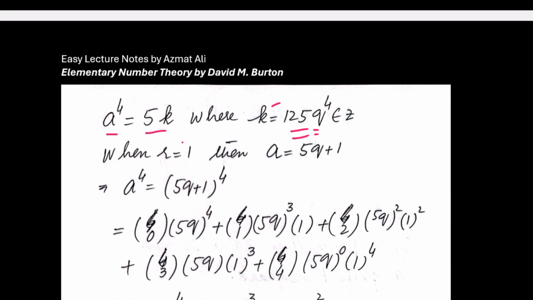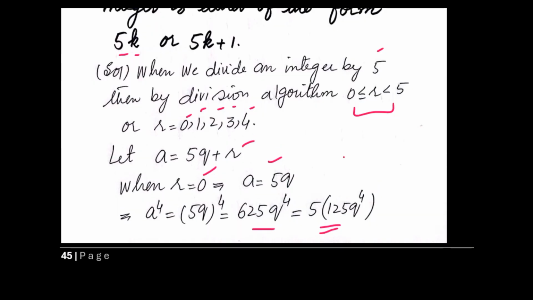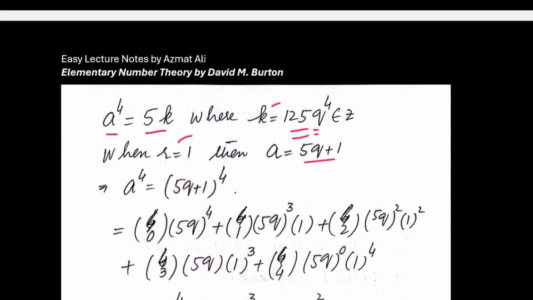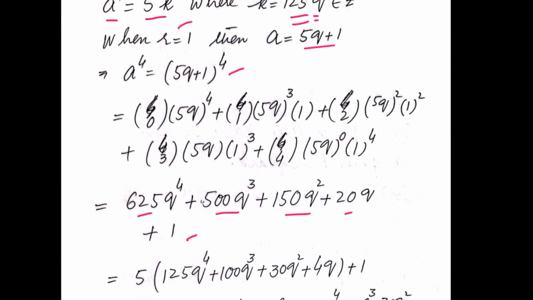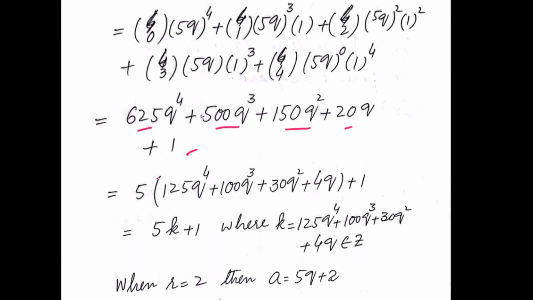When your remainder r is 1, then your a is 5q plus 1, by putting r is equal to 1 here. By taking power 4 and by using binomial theorem, we have the form 625 q^4 plus 500 q^3, 150 q^2 plus 20 q plus 1. By taking 5 as a common from the first 4 terms, we have 5 into this plus 1.